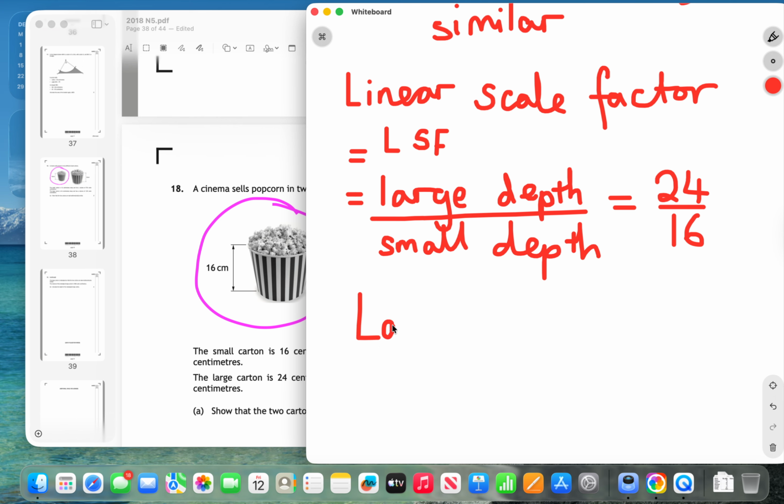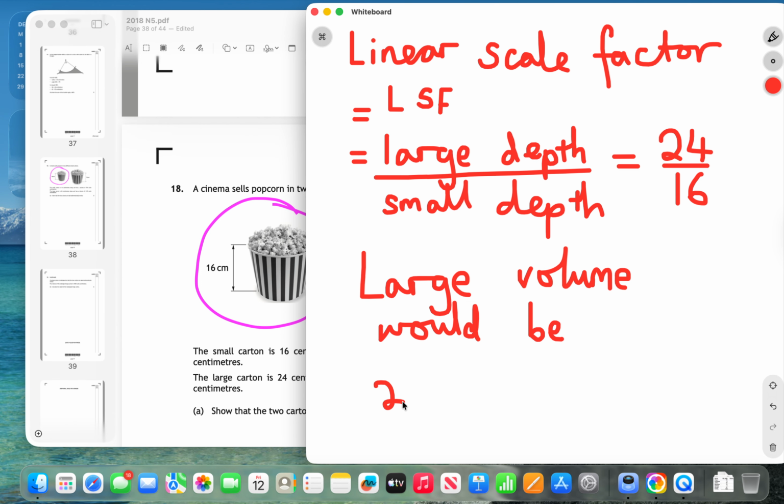So the large volume would be, we're not going to write equals, we're going to write would be, because technically they're not mathematically similar, but we're finding what it would be.